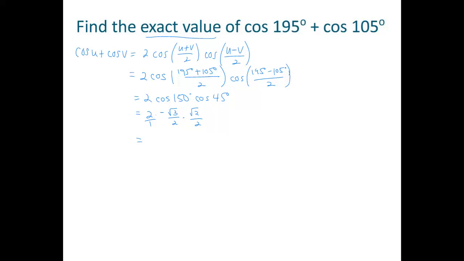I also know that there's only one negative, so we'll just bring that out in front. And then you can either just multiply everything across and then simplify, or I could cancel out these two 2's, but I can't cancel that last one, because we only have one 2 in the top. But either way, you should end up with negative root 6 over 2.